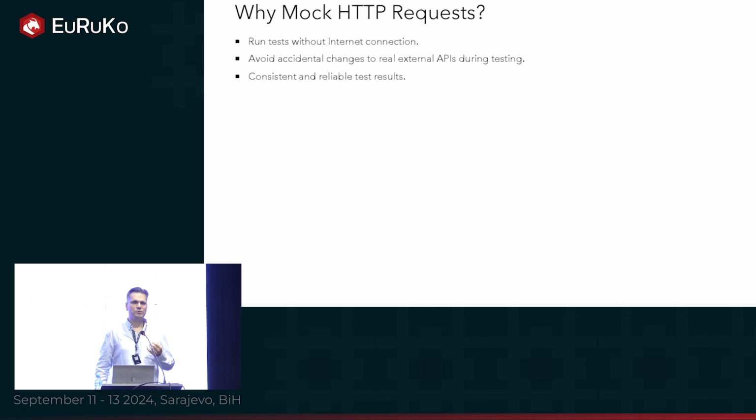WebMock also allows you to run your tests reliably. So even if you have a weak internet connection or a third-party API is currently down, your tests will still run. And the tests are fast, because you're not depending on the current internet connection or on the fact that a third-party API is currently busy and the responses are delayed.